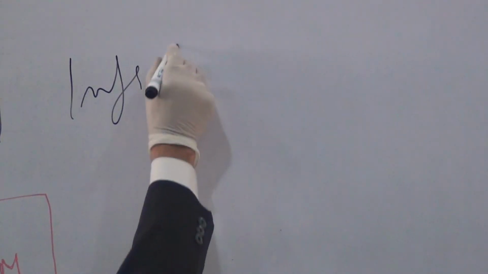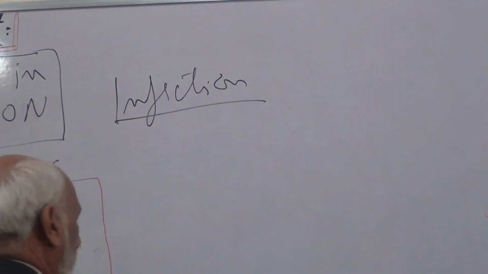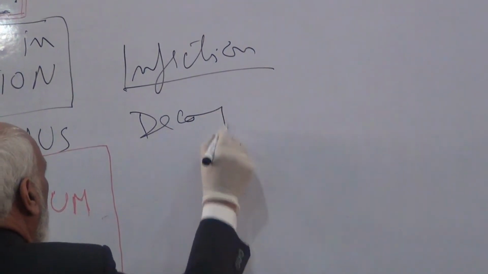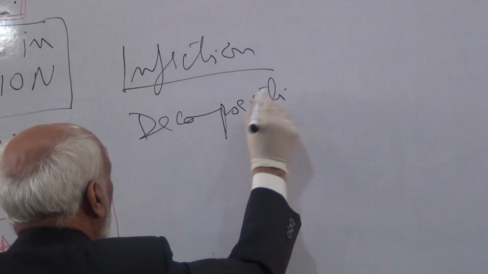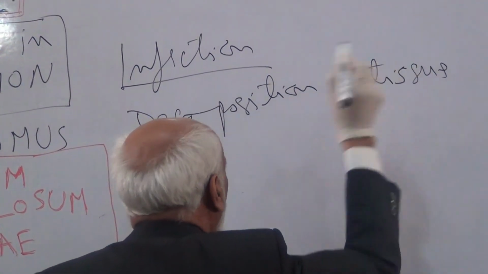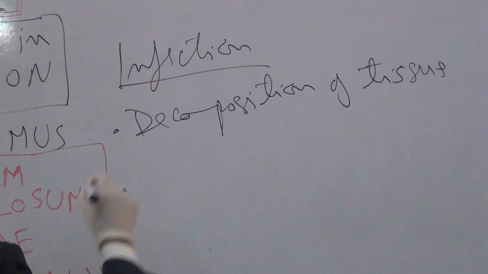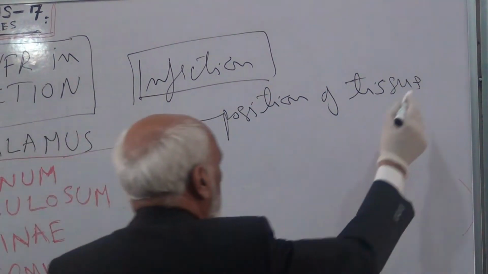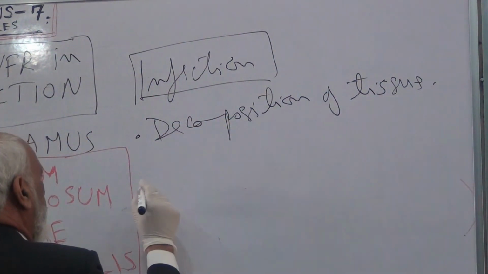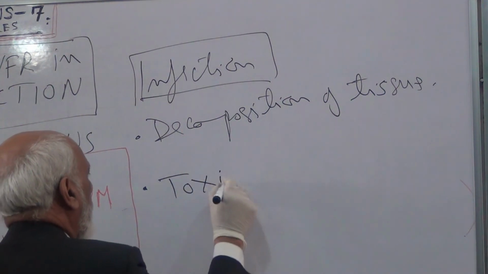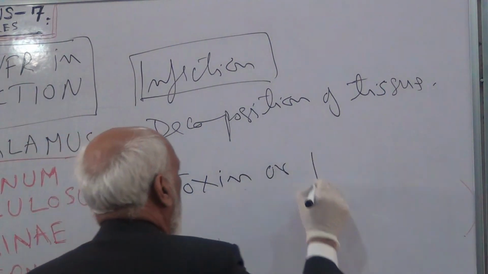So in cases of infection, there is decomposition of the tissues. And this material is in the form of toxins or pyrogens.